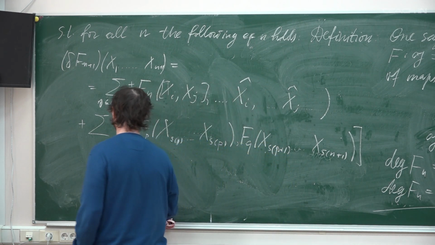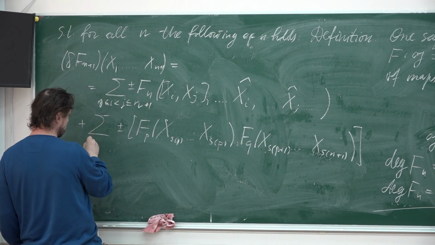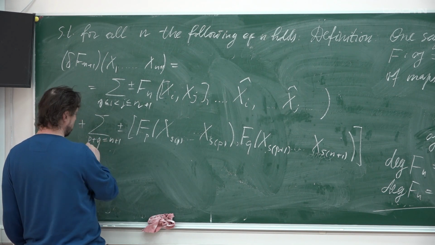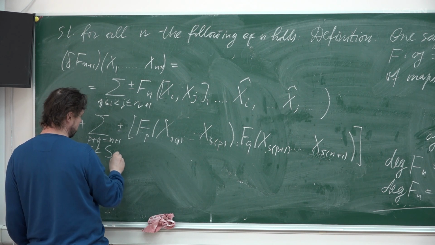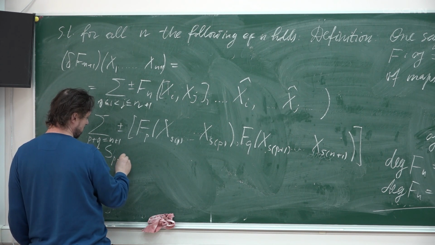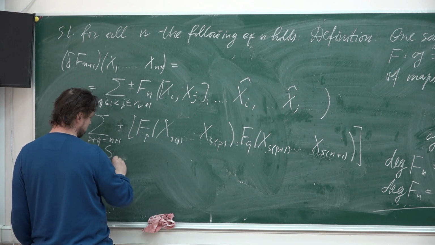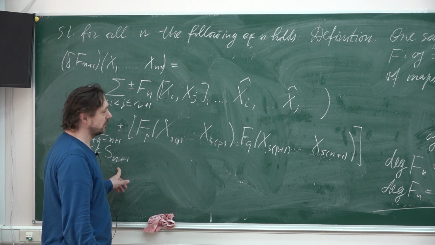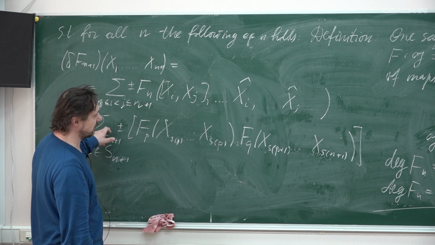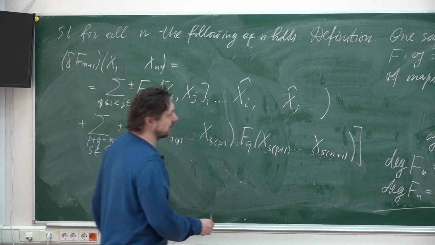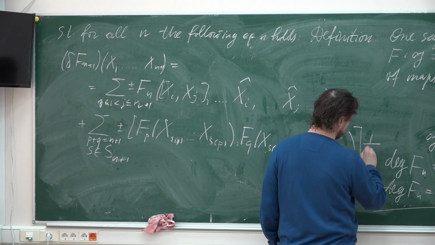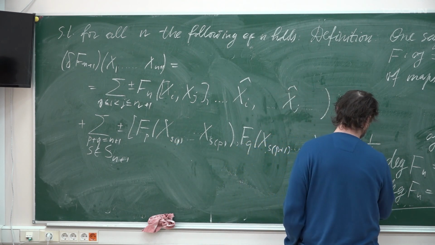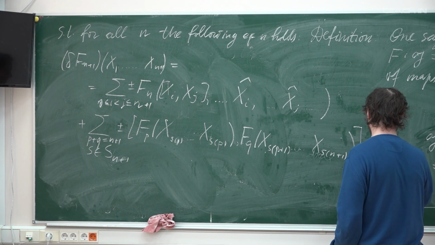So first of all, the sum here is taken over all p and q such that they sum up to n plus 1. S is any element in the group of permutations of n plus 1 elements. And if we just take all permutations of the prescribed form, then we need to renormalize these by dividing out the number of elements we just permute, the first p and last q terms in this permutation.